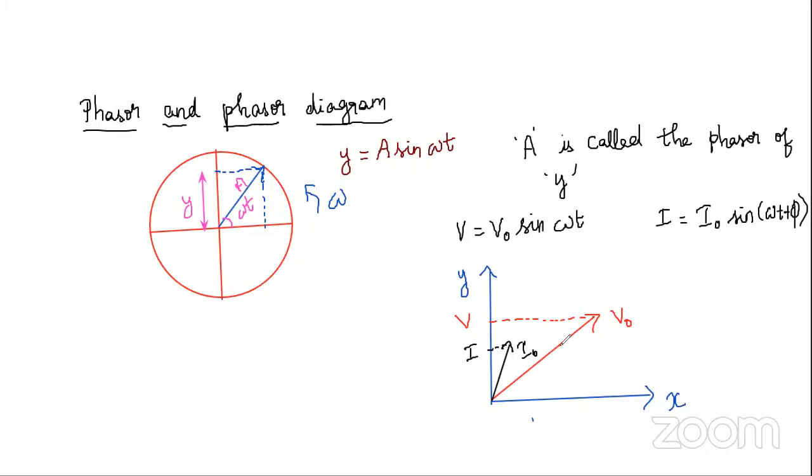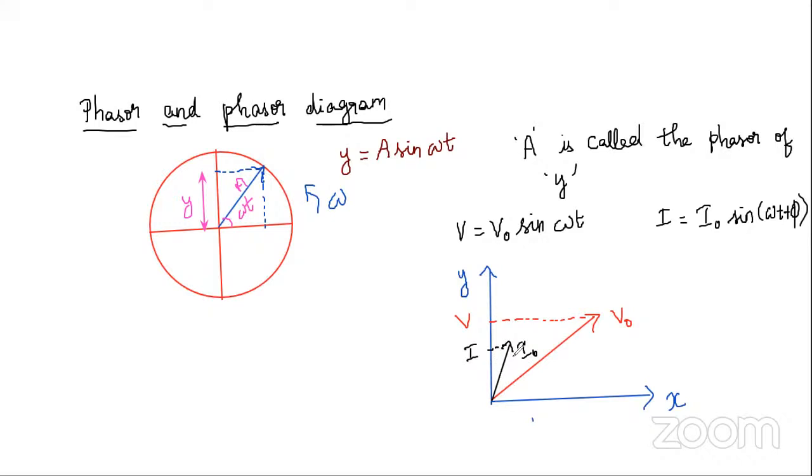So voltage, sir. No, actually here you see the current is having a lesser angle. The current is having lesser angle with the y-axis. So the phasor I0 and voltage V0, both are rotating in anti-clockwise direction, but the angle made by this I0 with the y-axis is less.